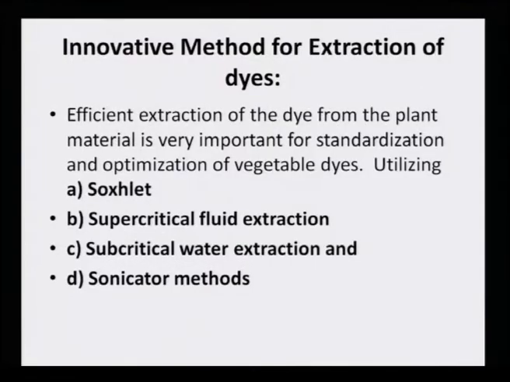Innovative methods of extraction of dyes. Efficient extraction of dye from the plant material is important for standardization and optimization of natural dyes or vegetable dyes. So, we come to a conclusion that the traditional method is not the best method, and therefore, there are always possibilities of not being able to extract the entire amount of colorant.